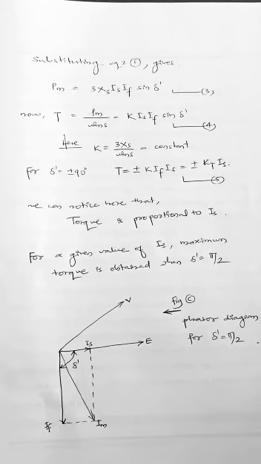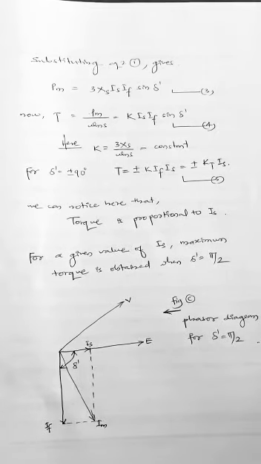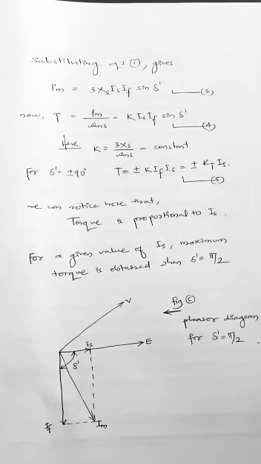In this condition, the motor is operating with unity internal power factor, as Is is in phase with E. Is and E both are in phase. The motor has a lagging power factor. Here it is desirable to obtain maximum torque per unit current. Therefore, this is the preferred operating condition.